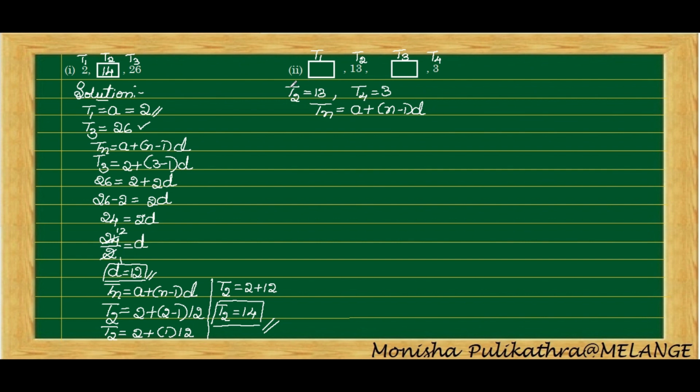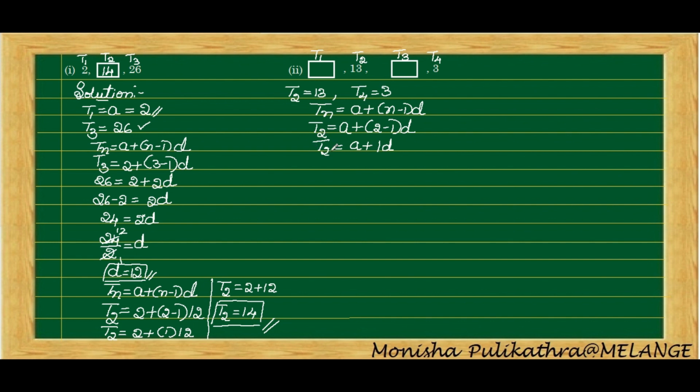Okay, first we substitute this one, T2 is equal to 13. So instead of Tn, we need to write T2 is equal to A, which is not given. If not given, we need to write the same letter A, plus n is 2, so 2 minus 1. D is also not given, so write it as it is. So T2 is equal to A plus (2 minus 1, which is 1) D, so 1D.